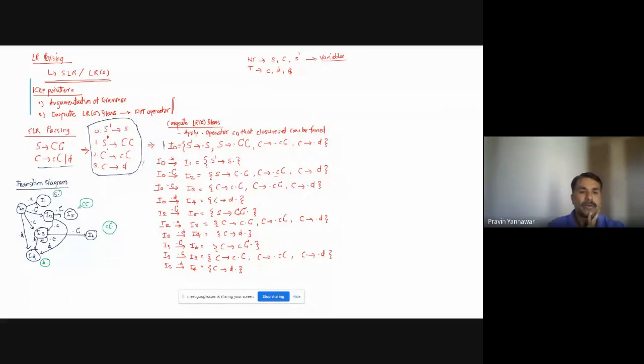Once you have got a transition diagram, the next important point is, as you know, in case of a parser, you have this as an input string. Then you have this as a stack, and this is the parser.